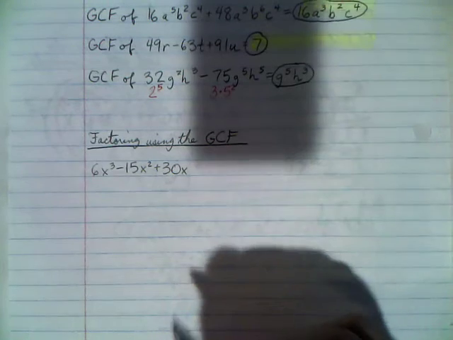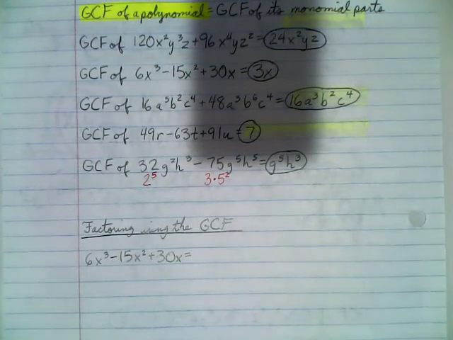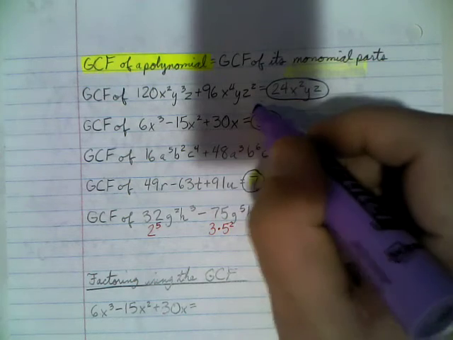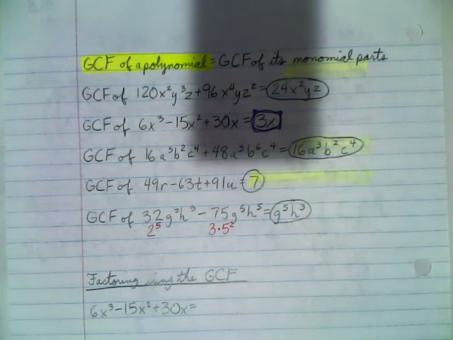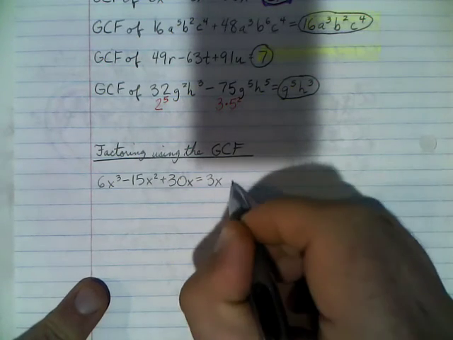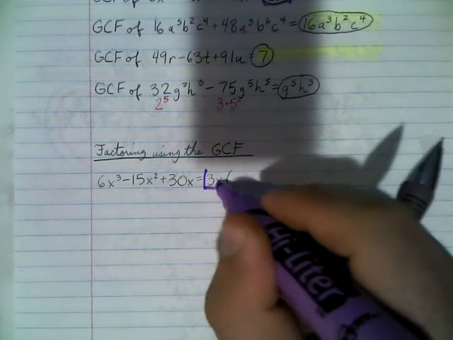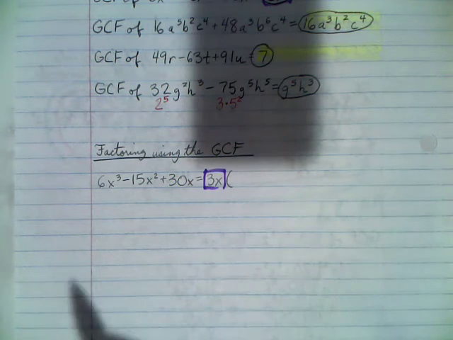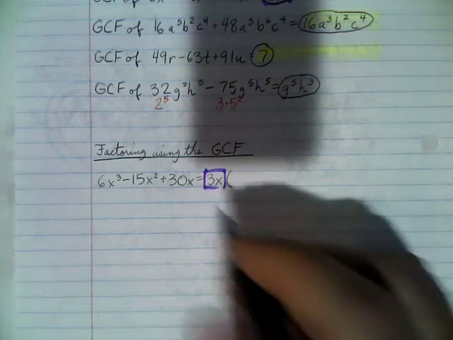One of the things that the GCF allows us to do is to completely factor this statement. So the GCF from up here, I'm just going to grab a color. I happen to grab purple. The GCF was 3x. So that means I can pull a 3x out of here, and it will go into each of those without a remainder.